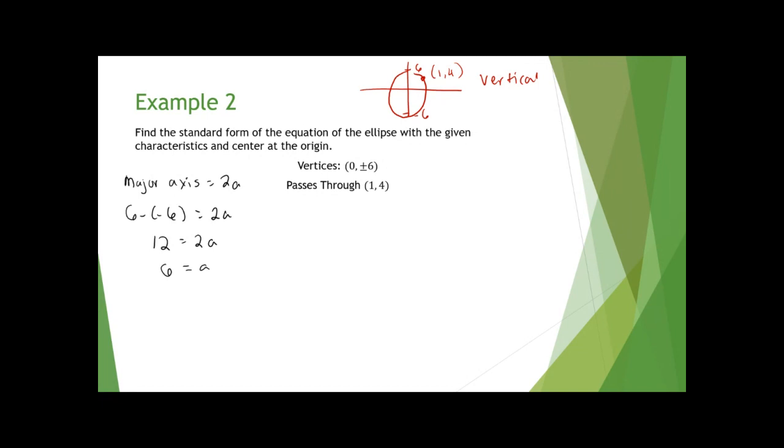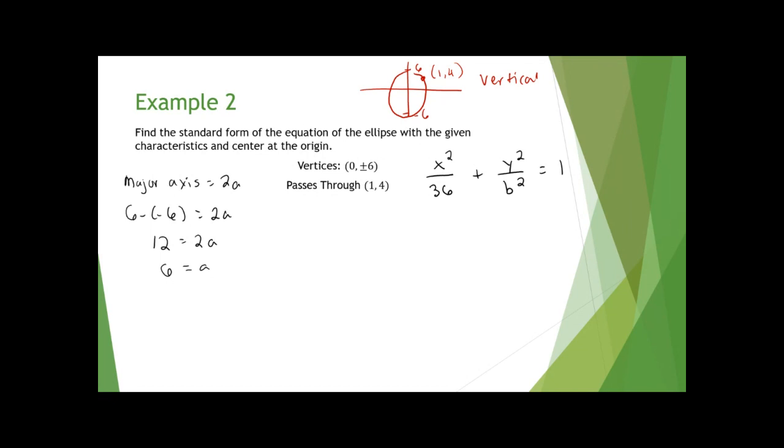Okay, so I've got a, and the center's at the origin, so let's just see what we know so far. Since the center's at the origin, we got x squared over a squared, so that's over 36. Then y squared over b squared, which we don't know, and that is equal to 1.